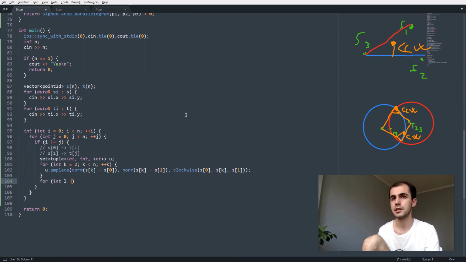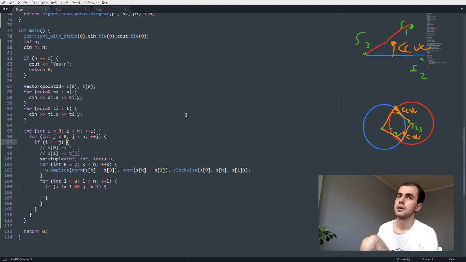Now our task is to loop over all points in T if it is different from the 2 points that we already got. Oh, there is one more subtle issue.